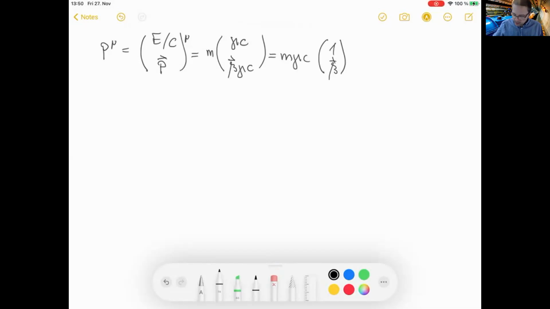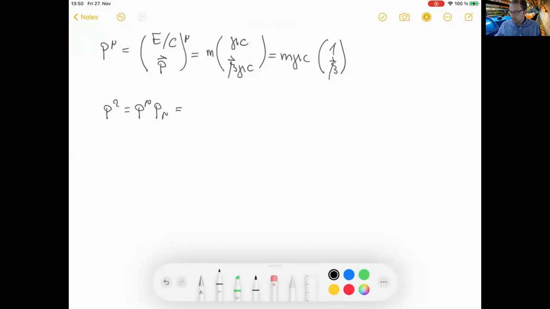Now we know that p squared is p^mu p_mu.